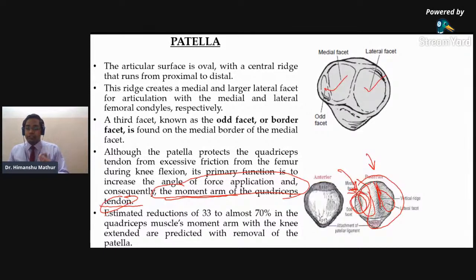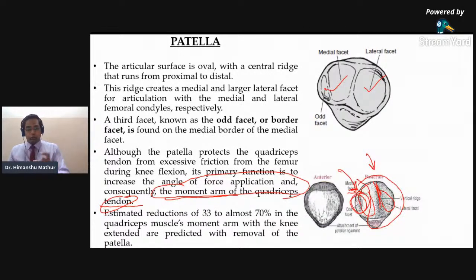The extension lag is because of the removal of one small part of the patella from its place following a patellar comminuted fracture. You can see that when a very small part is removed, there is a significant change in the range of motion, a significant change in the momentum of the quadriceps muscle, and in the force being generated by the quadriceps muscle.